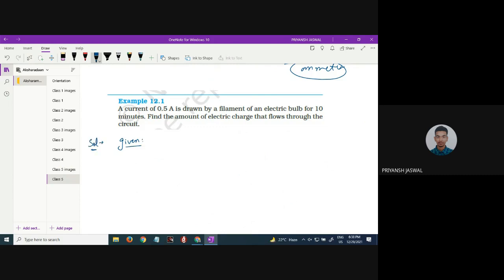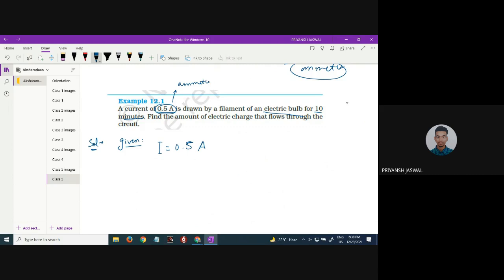A current of 0.5 ampere is drawn by a filament of an electric bulb for 10 minutes. Find the amount of electric charge that flows through the circuit. So we are given that the current flowing through the circuit is 0.5 ampere, and this could be measured using an ammeter, drawn by a filament of an electric bulb.